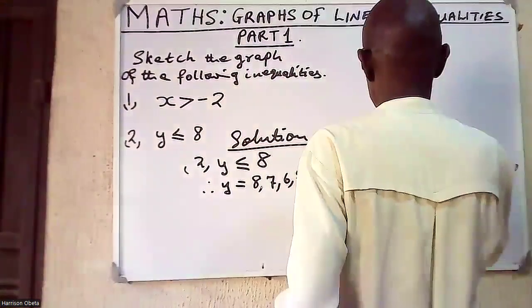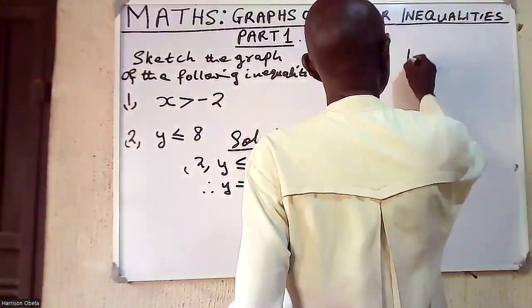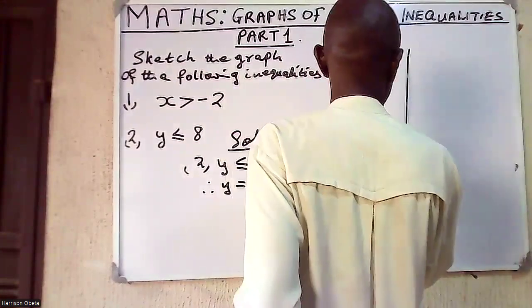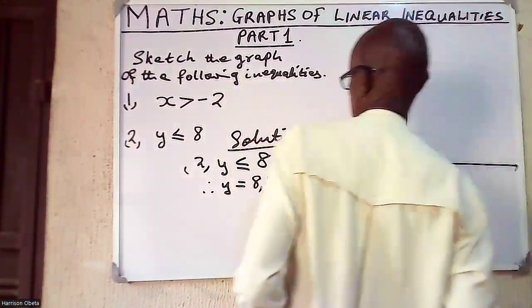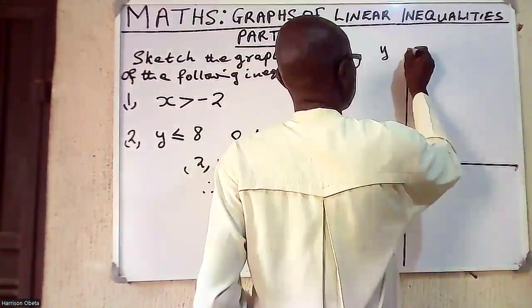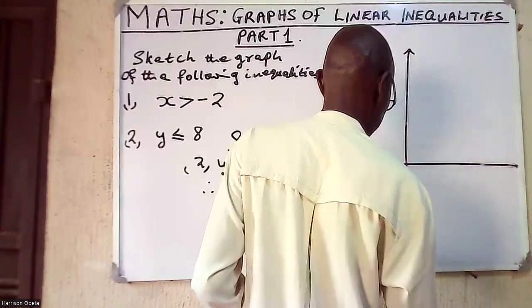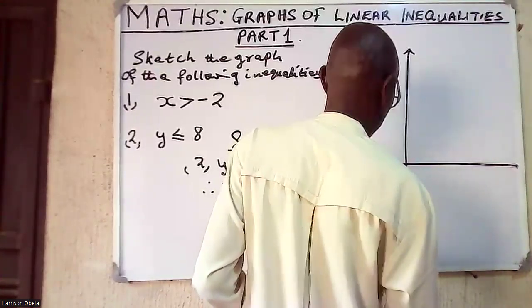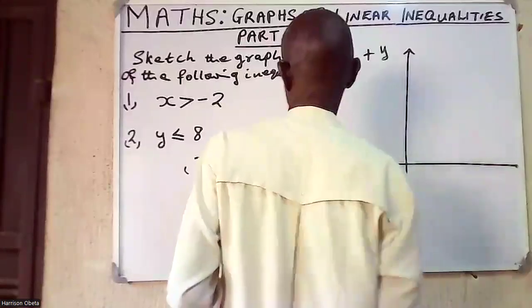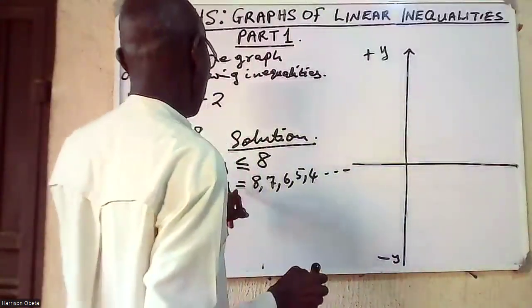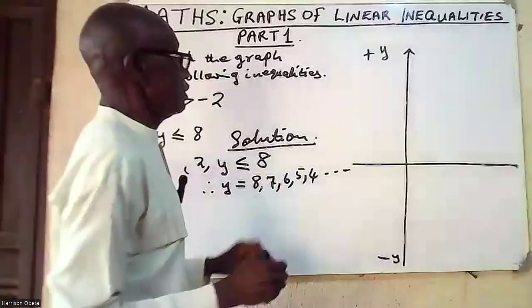So if I have this, this is y-axis, positive, then negative. Negative y, positive y. So we are talking of y less than or equal to 8.